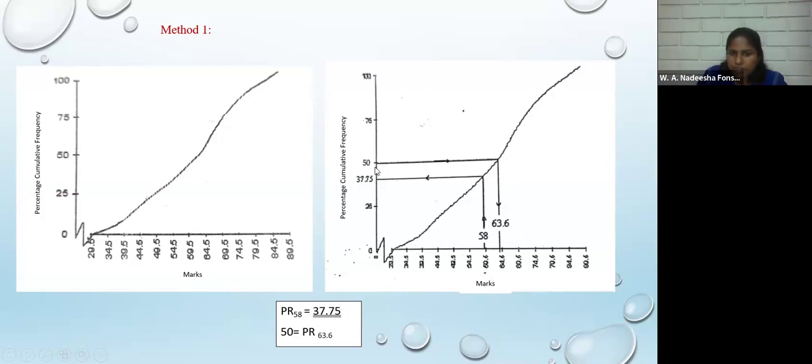In the other way, if you are asked to find the score at which the PR value is 50, you have to go from the percentage cumulative frequency of 50 backward and then downward, and 63.6 is here.